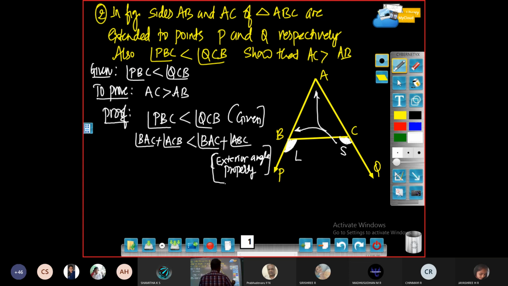Now you can compare this. Just compare both places now. In both the left hand side and right hand side, you can see that BAC is the same. You can cancel these two. Both are the same angles.